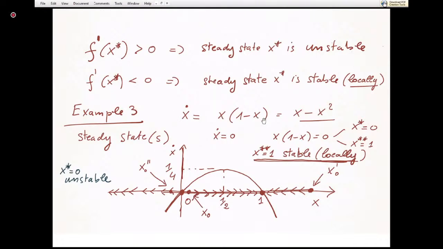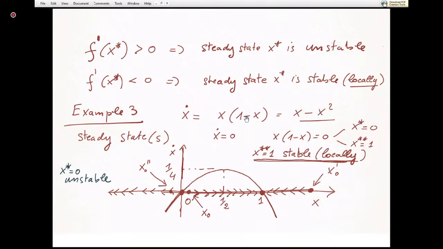This is probably the most simple numerical example of a logistic curve. We have a carrying capacity which is normalized to 1. So if you go back to the equation, k is equal to 1, so this reduces to x times 1 minus x, and basically x dot over x becomes equal to 1 minus x, and this means that also r is equal to 1. So it is the most simple numerical example of a logistic model.